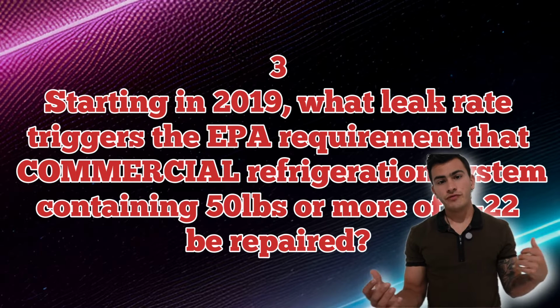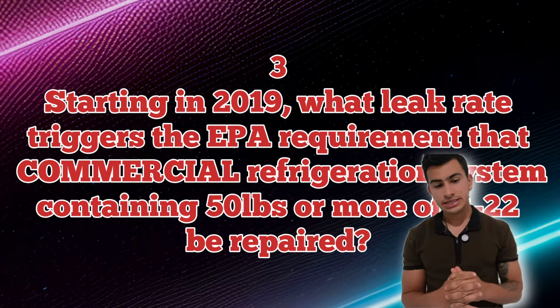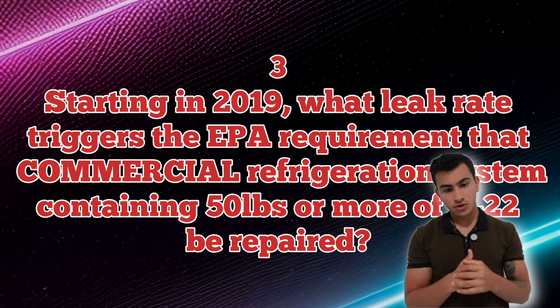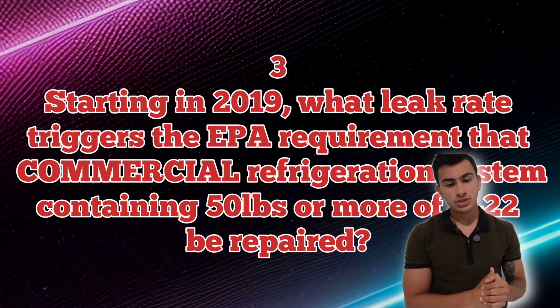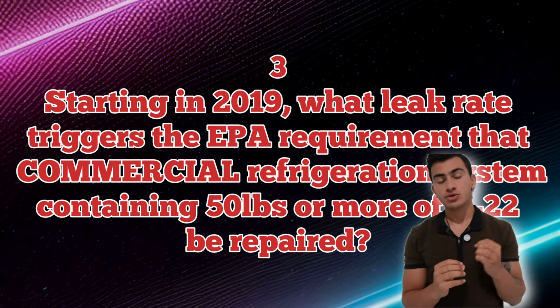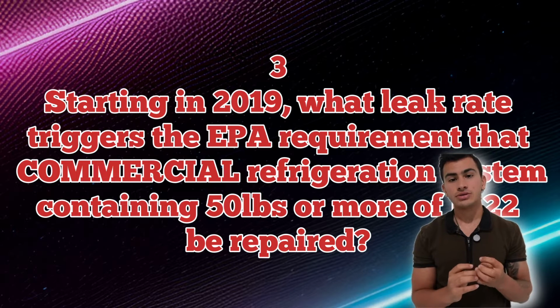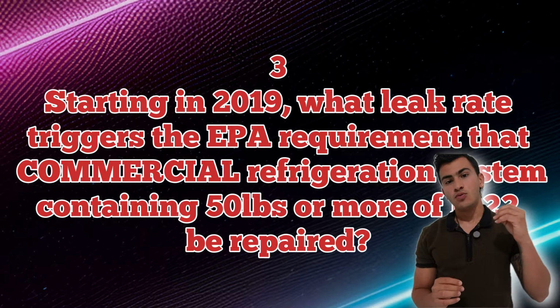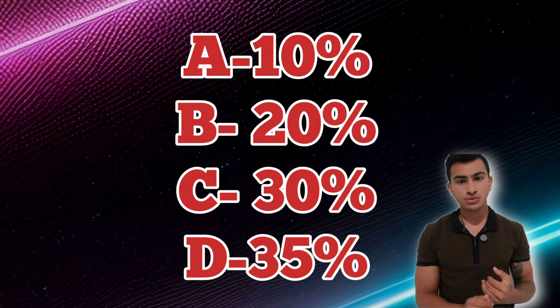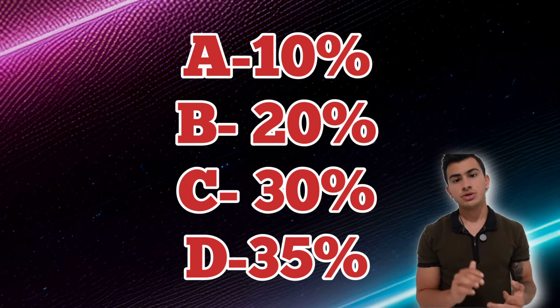Now, number 3, for any question like this that is asking you about the leak rates, I have gone over this multiple times. In this one, I put COMMERCIAL in all capital letters just because when it's asking you about a leak rate, look for either commercial, industrial, or comfort cooling.